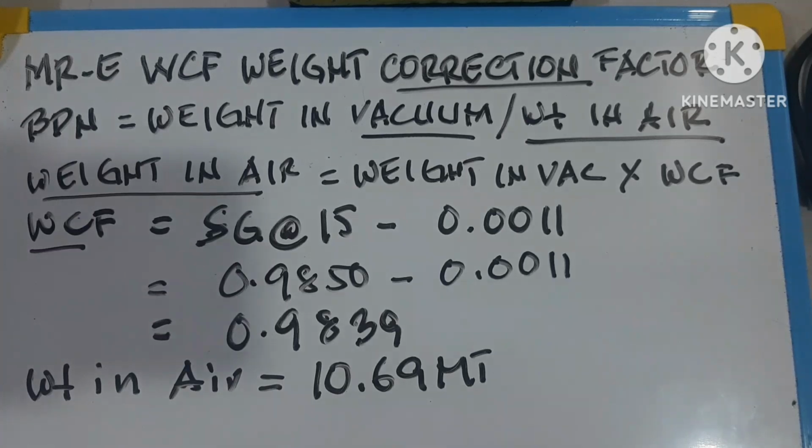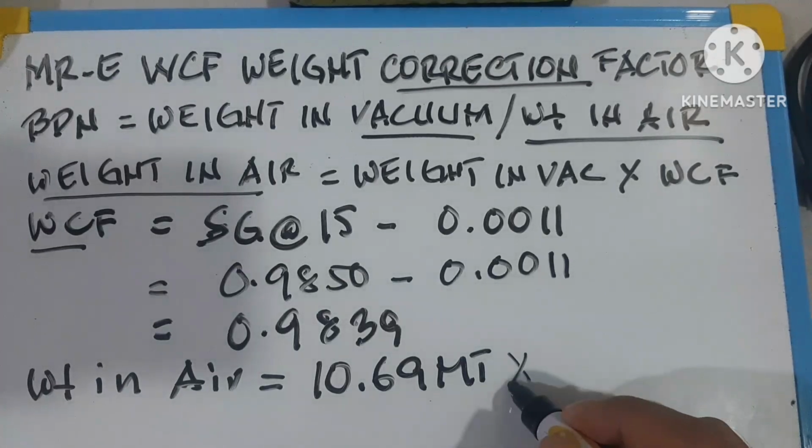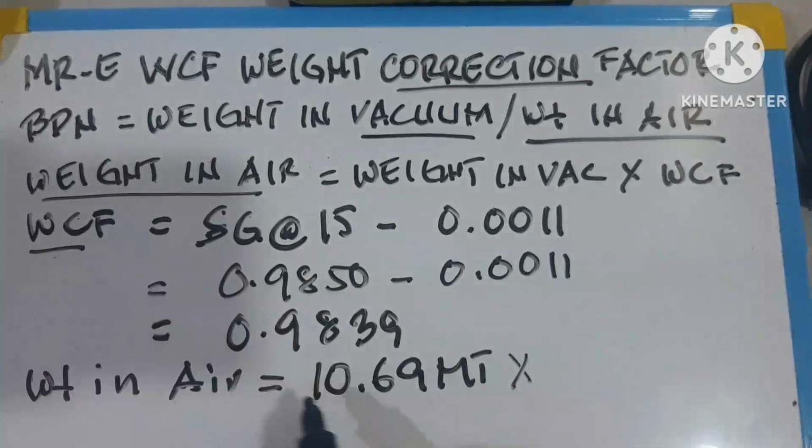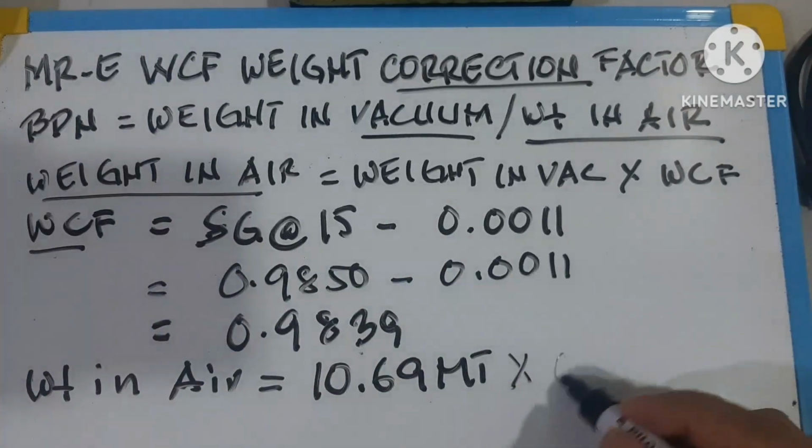So basically, the weight in vacuum is equivalent to the volume at 15 multiplied by the density at 15. But since our topic now is about weight in air, the weight in air is equivalent to 10.69 multiplied by our WCF, which is 0.9839.